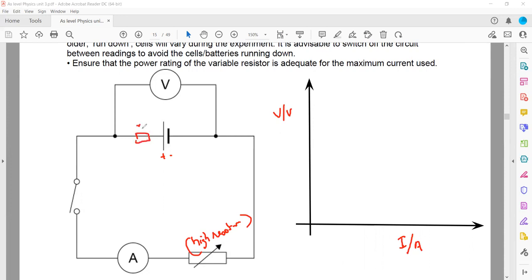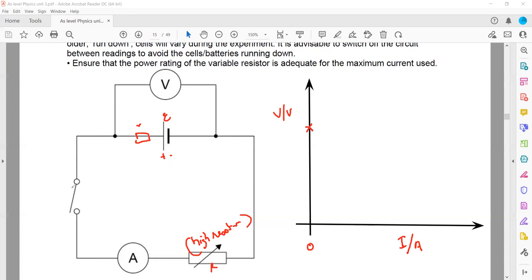The battery has internal resistance and external resistance R is there, but because there is no current, there is no voltage drop internally. All the voltage will be the same as the EMF of the battery. So when the current is zero, the voltage will be maximum, so we start with a maximum value.